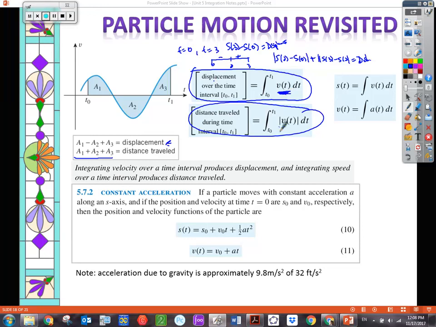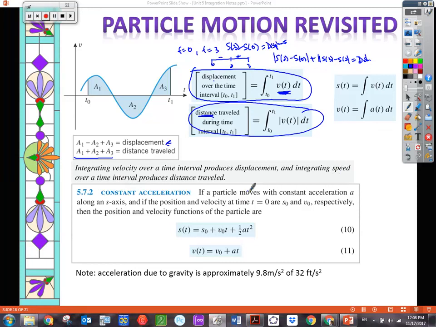The absolute value of velocity is speed, and when we integrate speed, we get distance. Those are two really important concepts for us to absorb and really think about. So this is it in words: integrating velocity over time produces displacement. Integrating speed over time produces distance traveled.